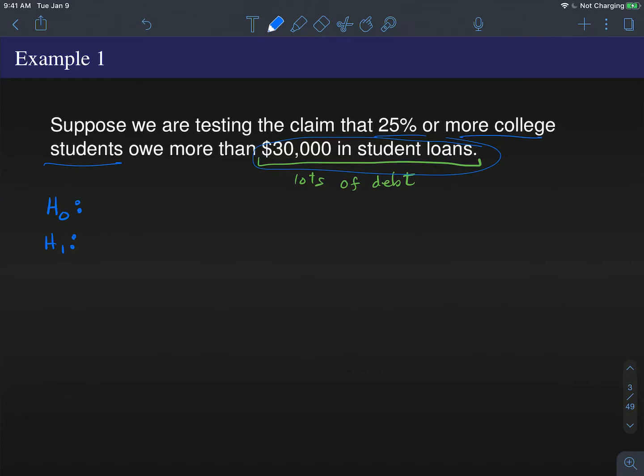So we're fundamentally testing a claim about a population percentage. So in this case, our population percentage claim is that P is going to be greater than or equal to 0.25, which means our alternative hypothesis is going to be P strictly less than 0.25.